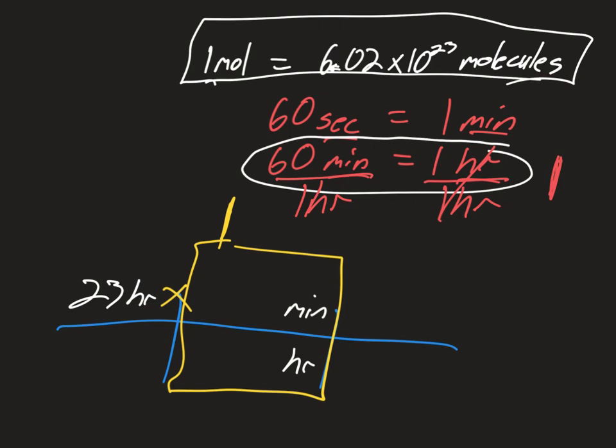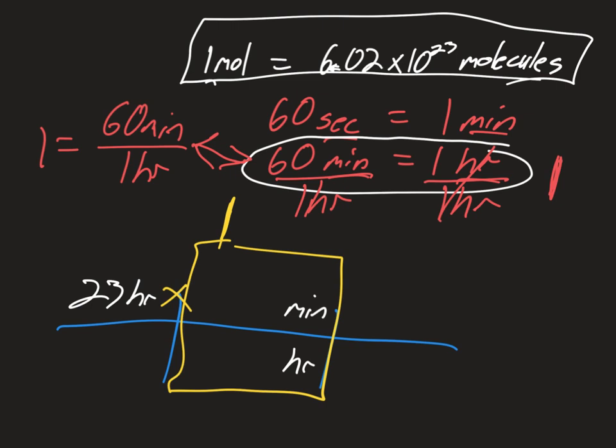So now I have a statement that says 1 is equal to 60 minutes divided by 1 hour. That's another true statement, and as long as this statement is true, then this one has to be true. That's why we can write that in on our railroad tracks.